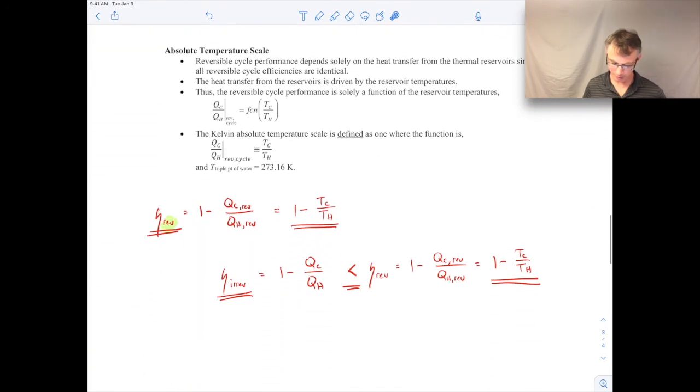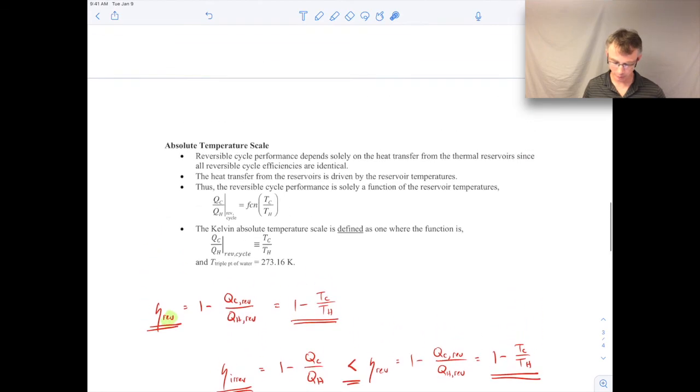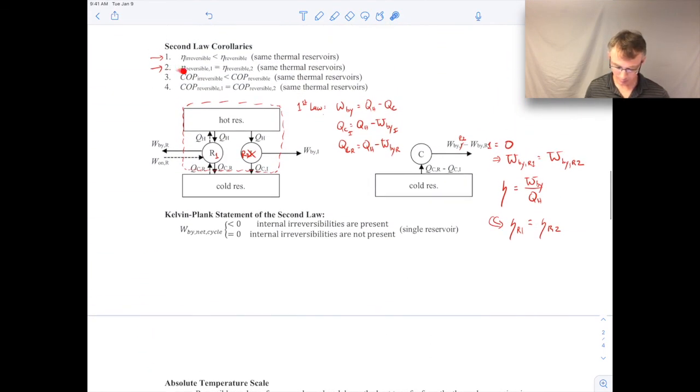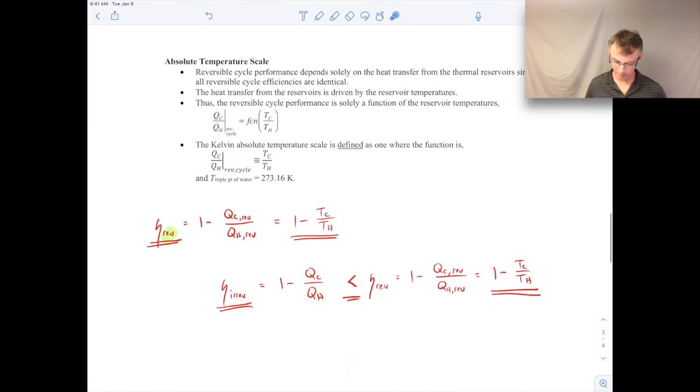And then we talked about the absolute temperature scale, which relied on corollary number 2, that the thermal efficiency is the same between any two reversible systems, and so it's just a characteristic of the heat transfers between them. From that we defined the Kelvin absolute temperature scale in this manner. And then we gave a little preview about how we can calculate the maximum efficiency for a power cycle, for example, based just on the temperatures of the cold and hot reservoirs, and we'll talk more about that next time. So we'll go ahead and end the video lecture there.